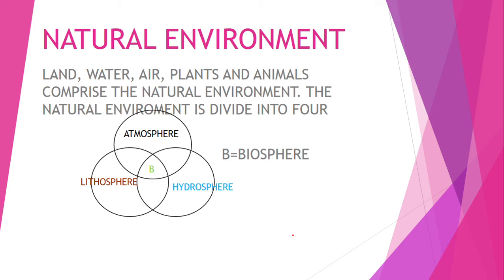In natural there are living and non-living things, so don't confuse living with natural. Natural is created by nature, with some human interference or no human interference. But in man-made, only humans made it.